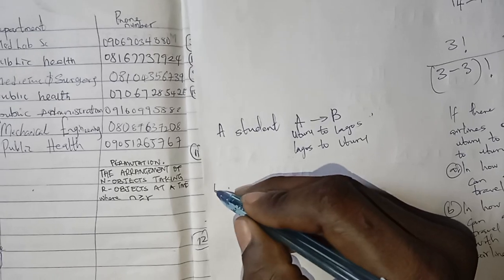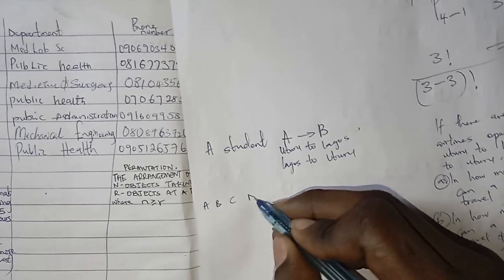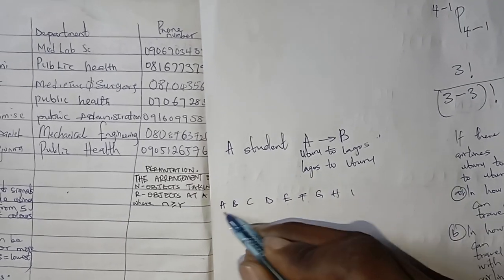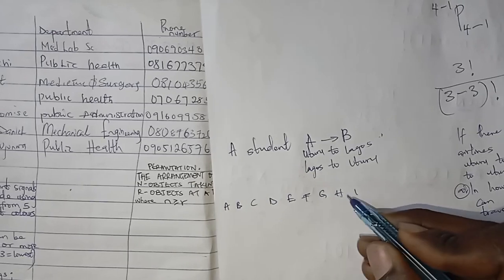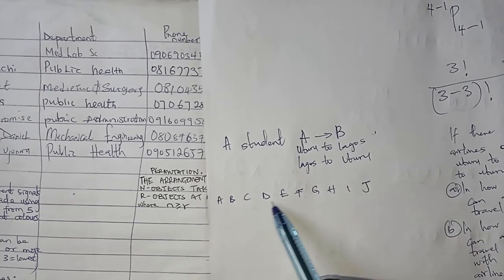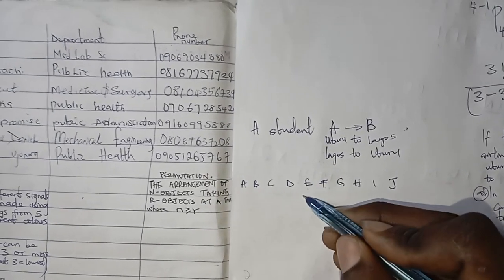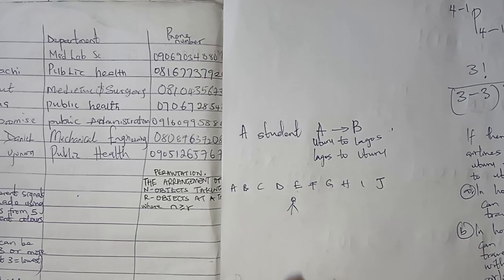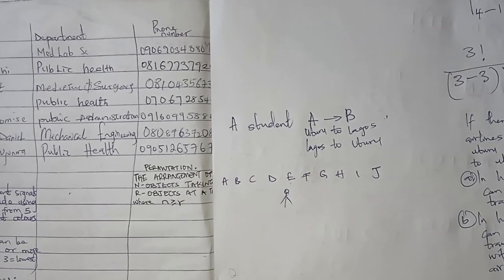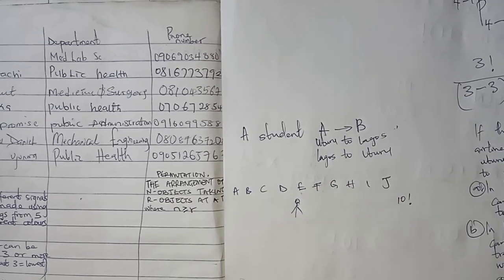Now, when he's traveling, let's say this is airline A, airline B, airline C, D, E, F, G, H, I, J. 1, 2, 3, 4, 5, 6, 7, 8, 9, 10. So let's say he has these airlines to travel with. As he comes here to travel, you see 10 options, 10 airlines.